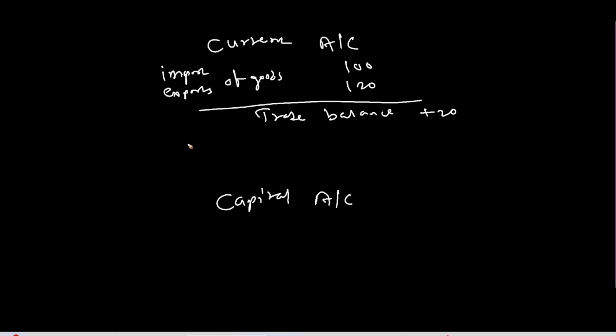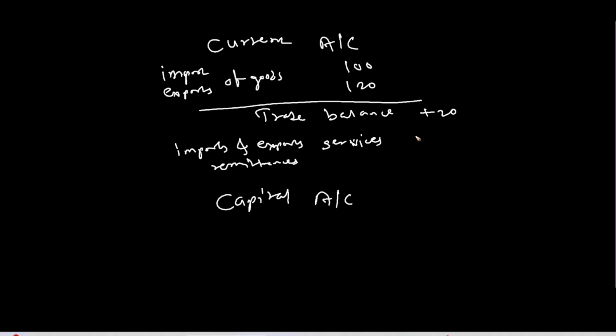Then there is trade in services, imports and exports of services. Then remittances, foreign aid, all these transactions enter in current account. Now there are other kinds of transactions which enter in capital account.